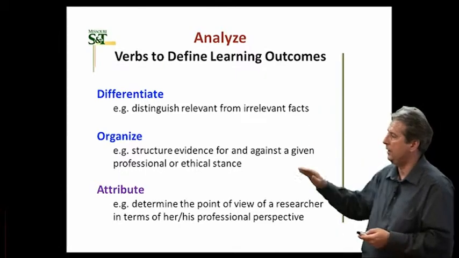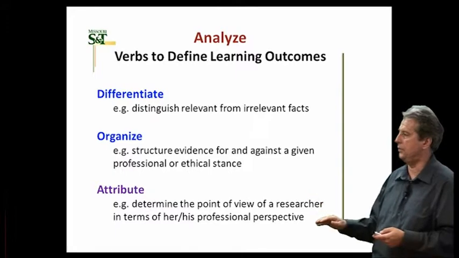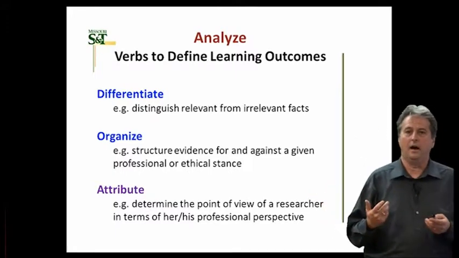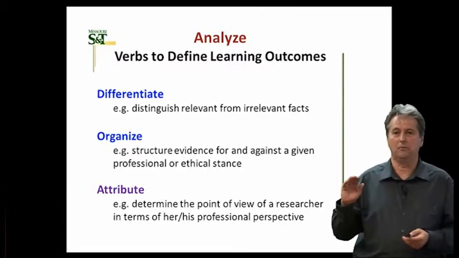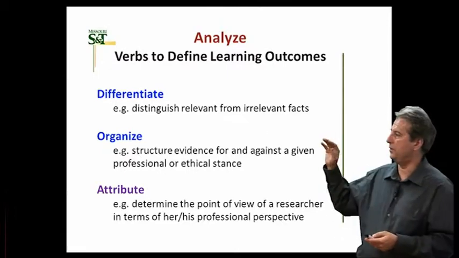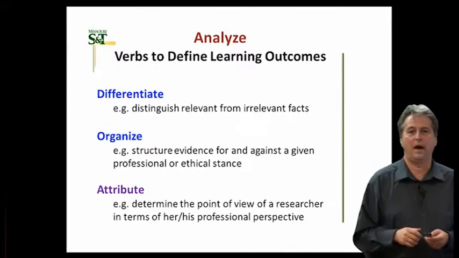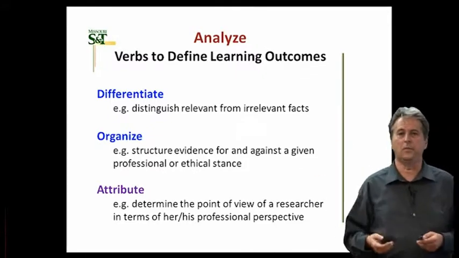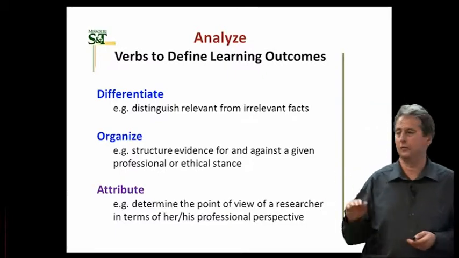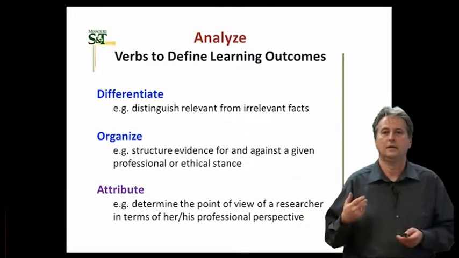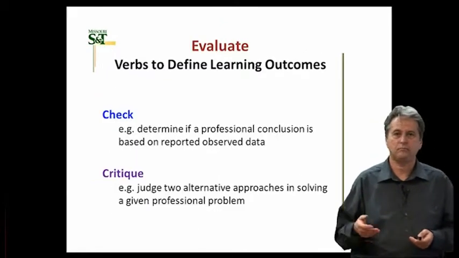So there are levels that you can ask the students, and all of this can be translated into an assessment item. My students will be able to differentiate between relevant and irrelevant facts associated with this topic, or something like this. So you have verbs that help you actually craft assessment items.